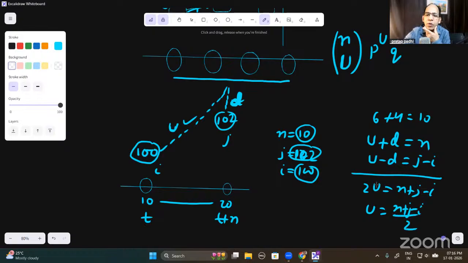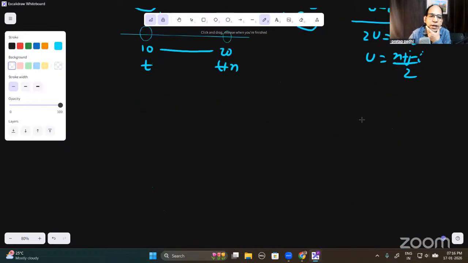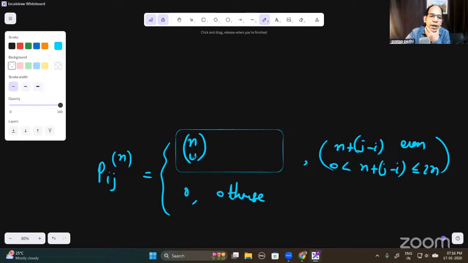Okay. So using this u and d, you can use this binomial probability. That's all. So let me write the final formula here. Out of n, I want u wins. Winning probability p, and 1 minus p. This is the formula, right? n choose x, p power x, q power n minus x. So n choose u, p power u, q power n minus u. This is the probability. And u you know already, n will be given in the question.